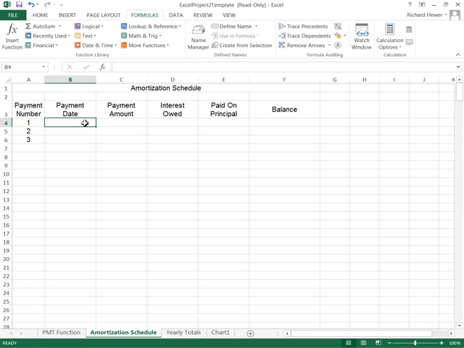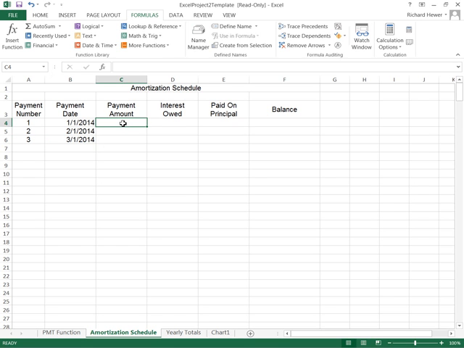I'm going to put in the date of 1/1/2014. And then I'm going to put in 2/1/2014. And I'm going to put in 3/1/2014. So I've got our first 3 payment numbers and dates in.